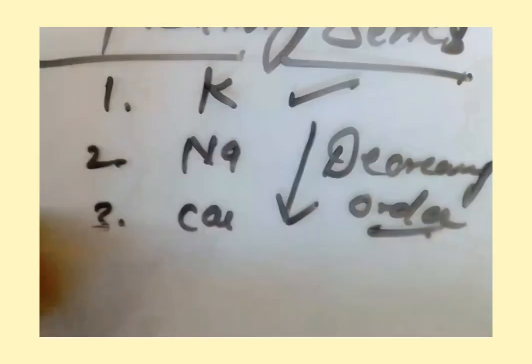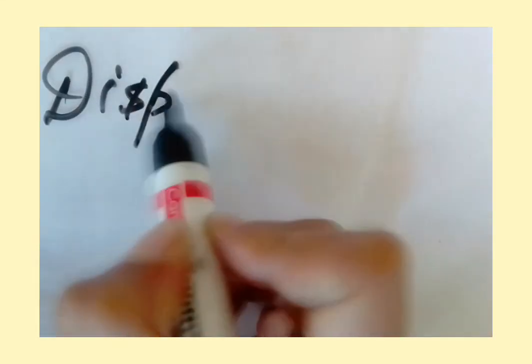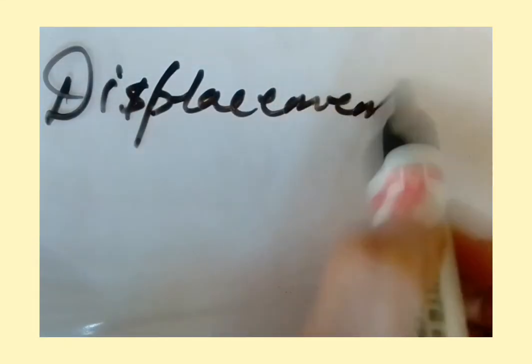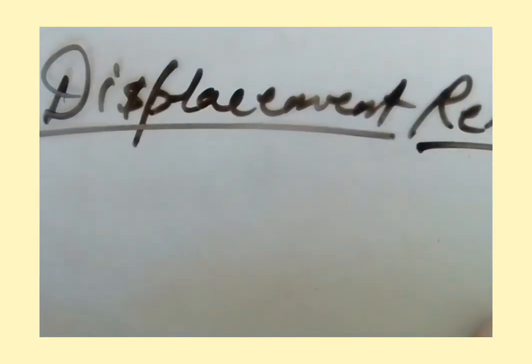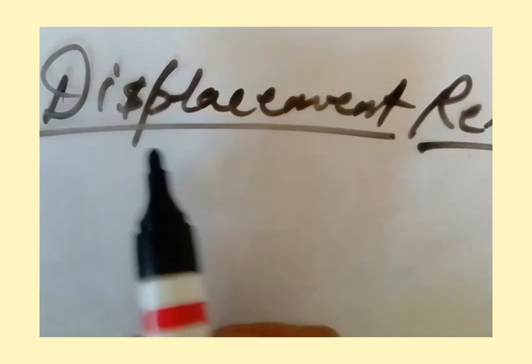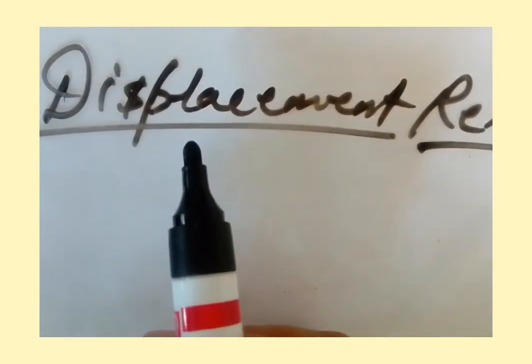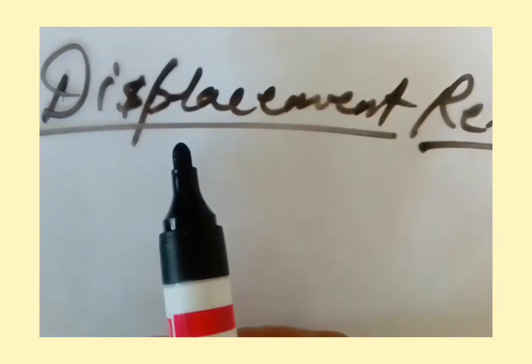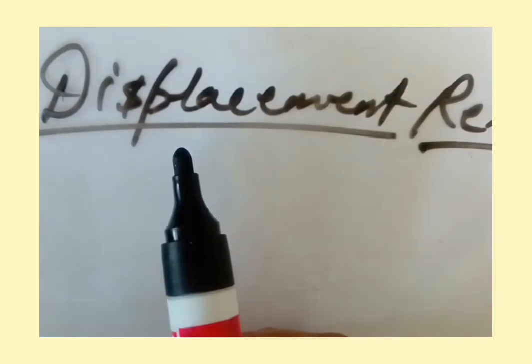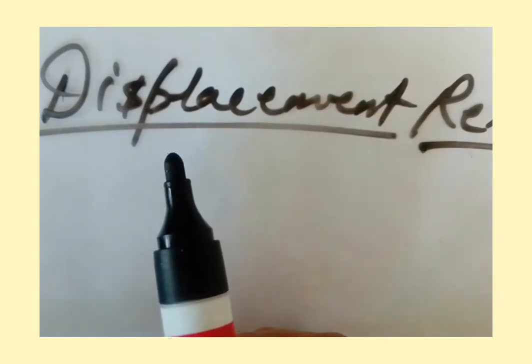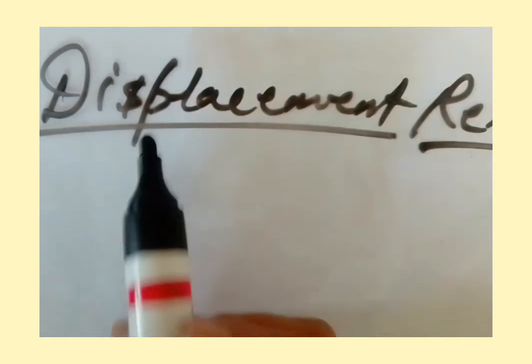right? Next topic is the displacement reactions. In displacement reactions, after this reactivity series, you will come to know how the more reactive metal will displace the less reactive metal.